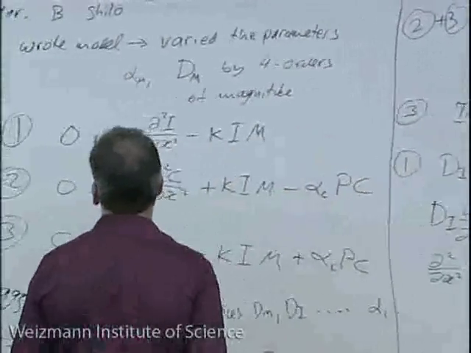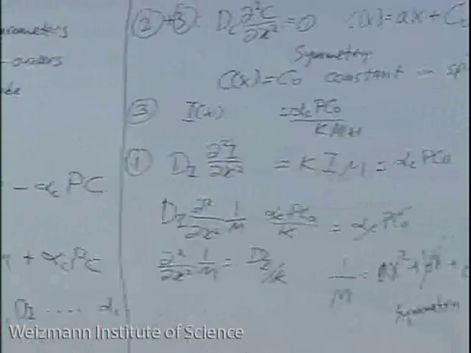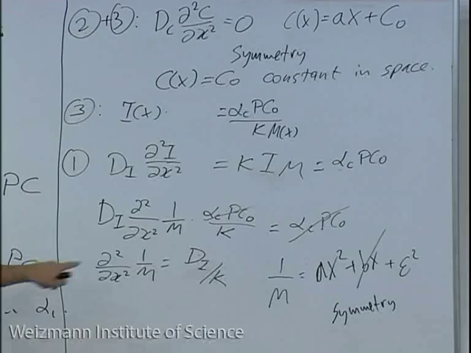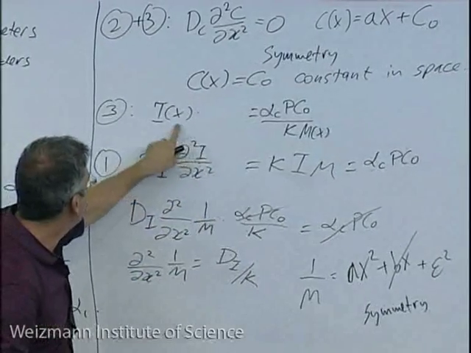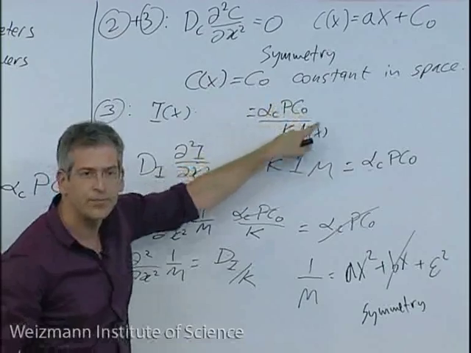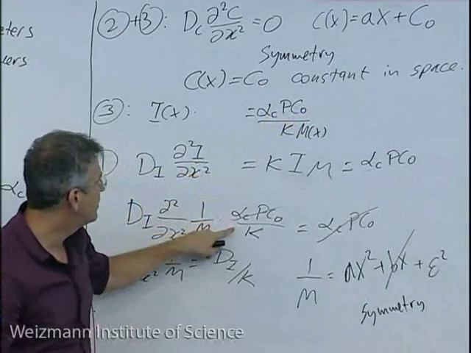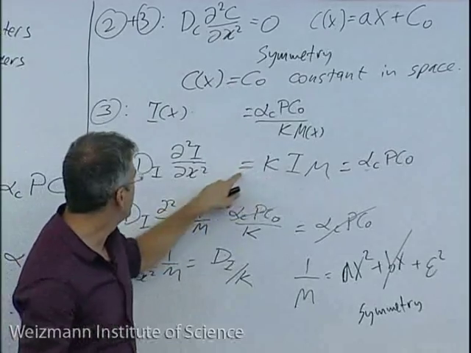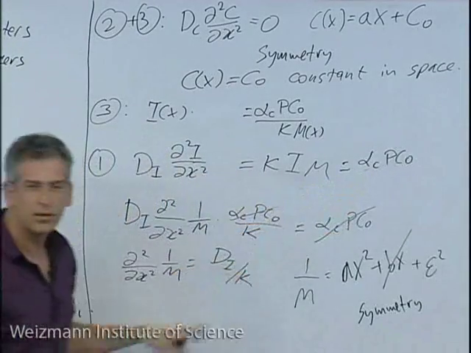Say again? This? I replace I with this thing. So I have 1 over M times this constant. And from this equation, I know that the second derivative of I is equal to this. Okay, but how did you get the next line?